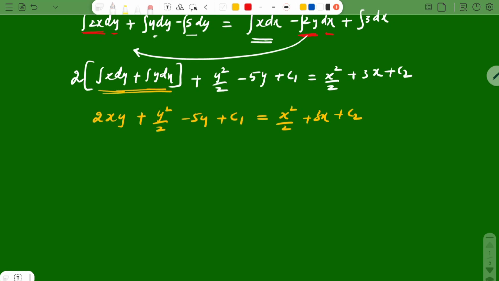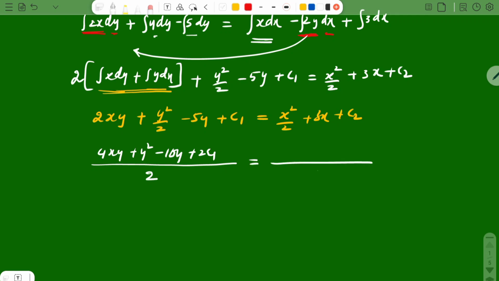To simplify this, taking LCMs, in the left hand side 2 is the LCM: 4xy plus y square minus 10y plus 2 into constant 1, which is equal to, again 2 is the LCM in the right hand side, so we get x square plus 6x plus 2 into constant 2. In both the sides 2 cancels, and send all to the opposite side.